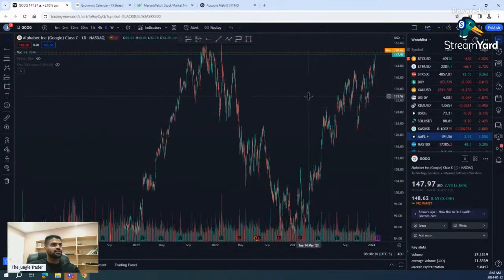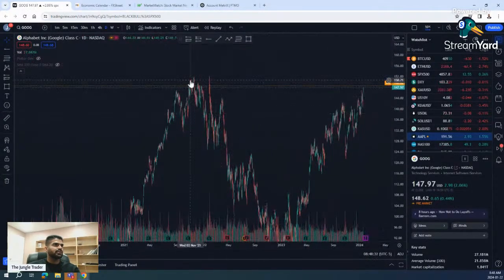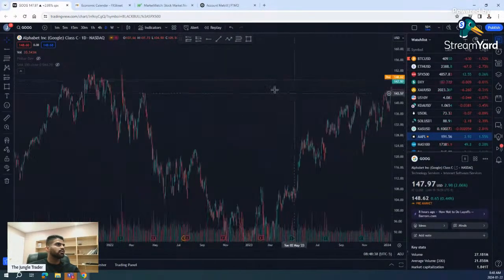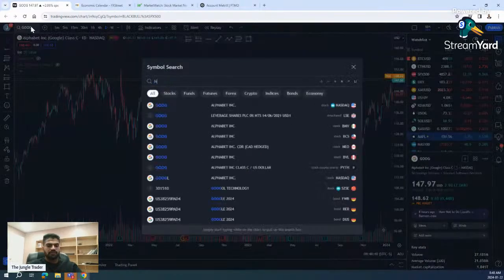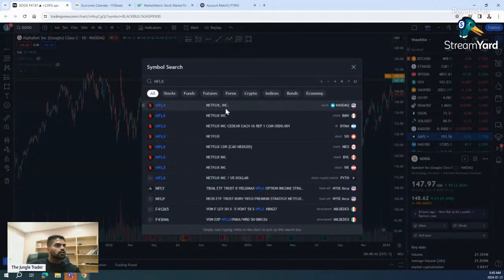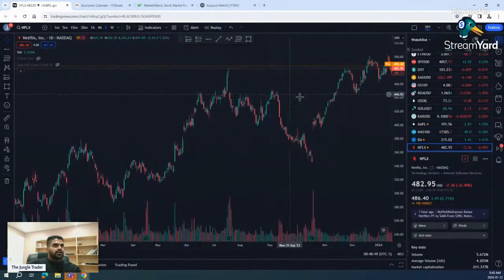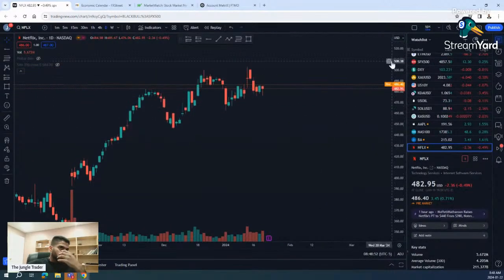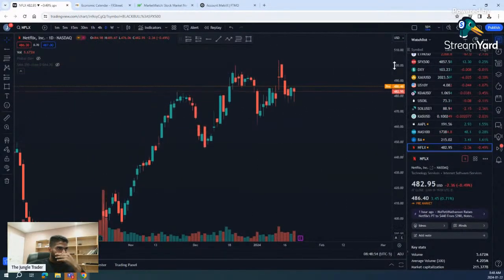Google's chart looks a little bit more like Apple, I think. So we're coming around and testing the highs from back in November, December of 21. I know Netflix has its earnings tomorrow. On NASDAQ, everything was going up, breaking out on Friday.